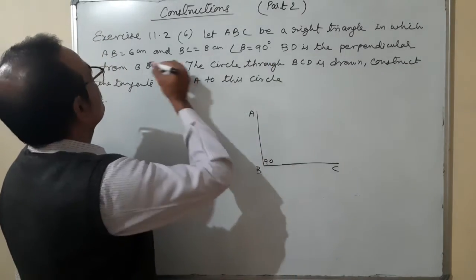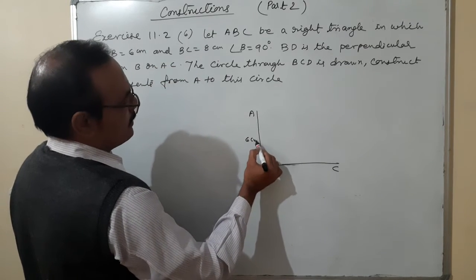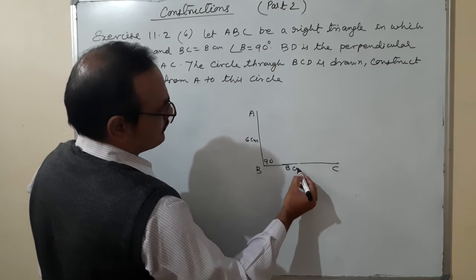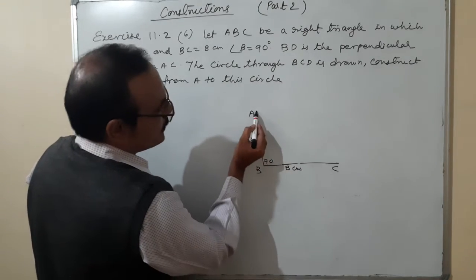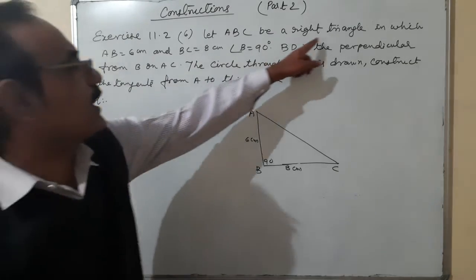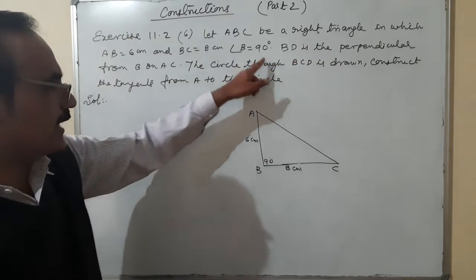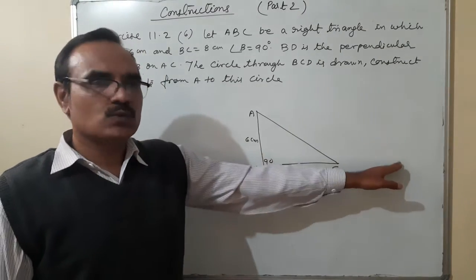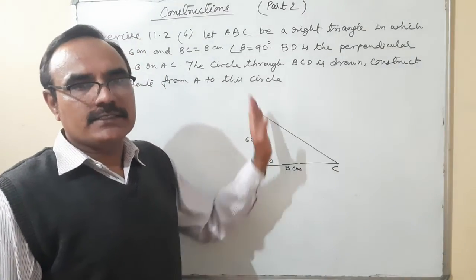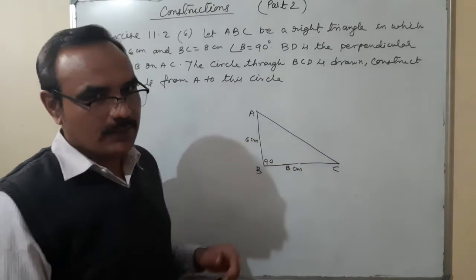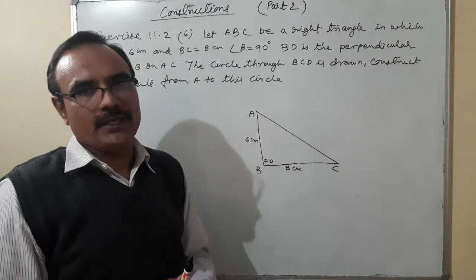AB is equal to 6 centimeter. BC is equal to 8 centimeter. Okay. And join A to C. This is a right triangle ABC. How to draw it? You will draw like that. This is one ray. At the 90 degree second ray, 6 centimeter, cut an arc. Here 8 centimeter, cut another arc, giving the names A and C. Join them from A to C.